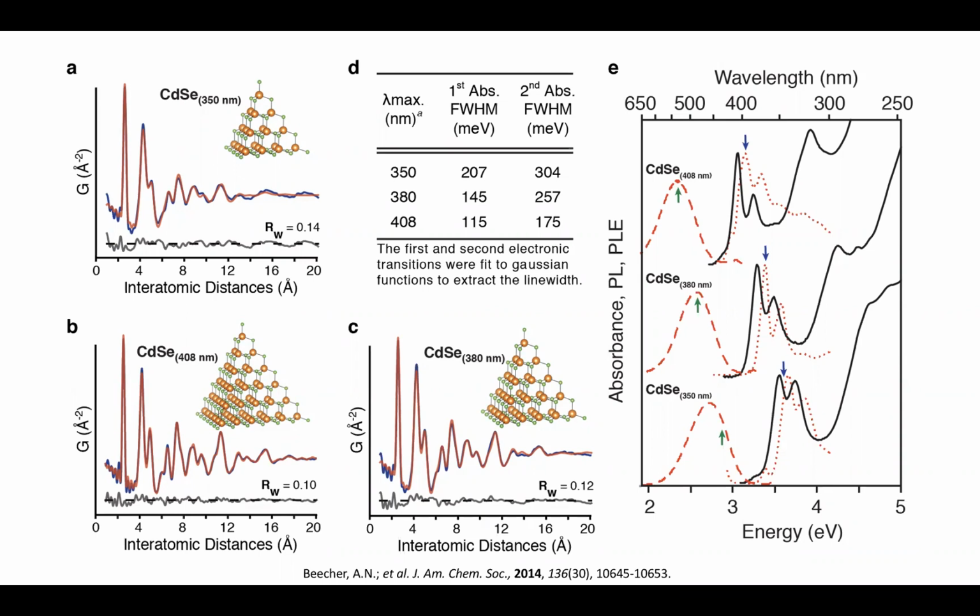If you take a model like the ones that are shown here, and you use that model to calculate what the PDF might look like, you can compare it to the X-ray data. One of these two is the data and the other is the model. It's kind of hard to tell them apart because the fit is very, very good. And so each one of these sizes was isolated and characterized, and you see this really smooth conversion drop in energy from the smallest one, which is that one there, and to the next one and to the next one.